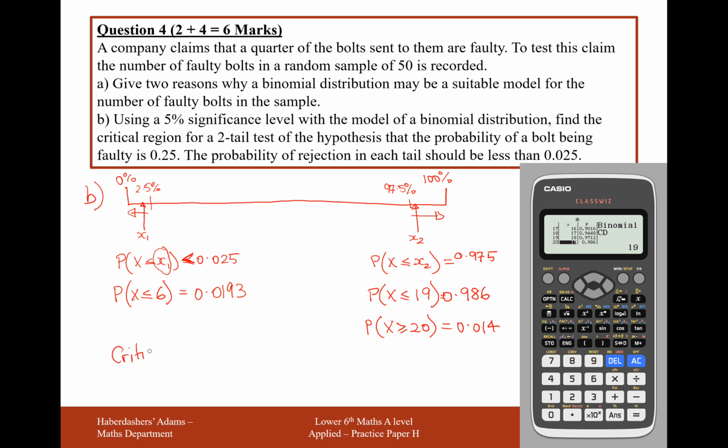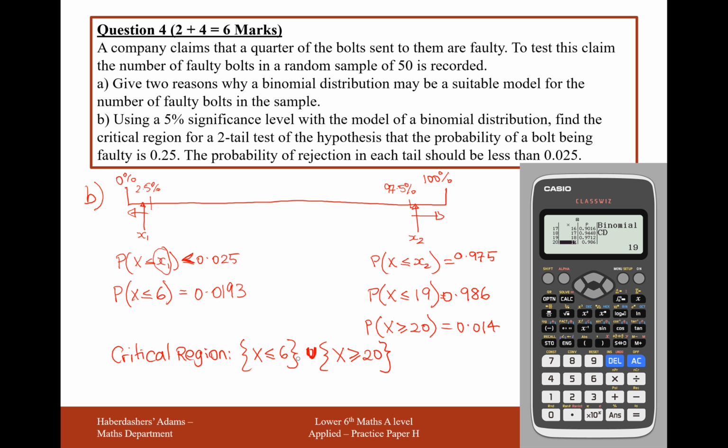So what we're going to say here is our critical region where we suspect that the probability is going to be different from 0.25 is within the region x is less than or equal to 6, or, this is a U-shaped symbol here, or x is greater than or equal to 20.